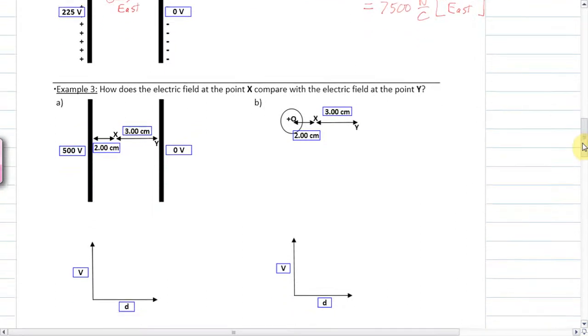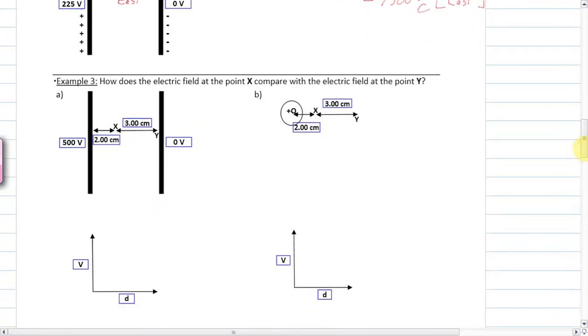And I guess we're going to have to graph it because we've got the graph set up. So voltage, here's our first rearrangement of the formula, equals E d. By the way, is this formula on your formula sheet?